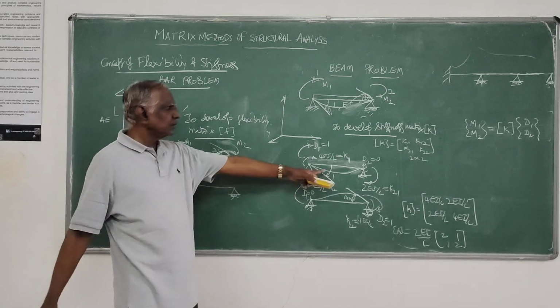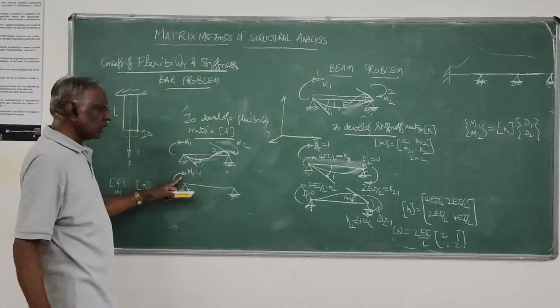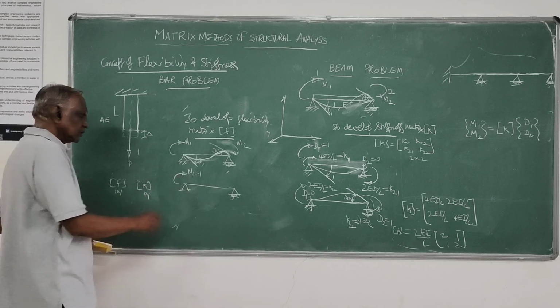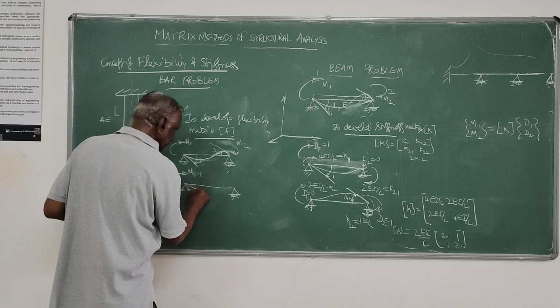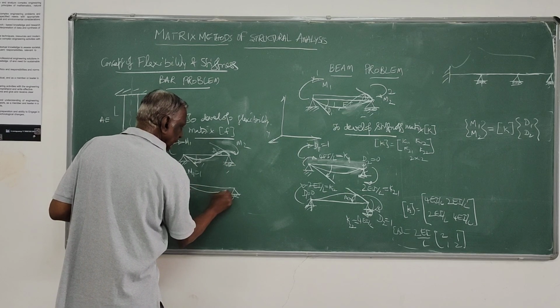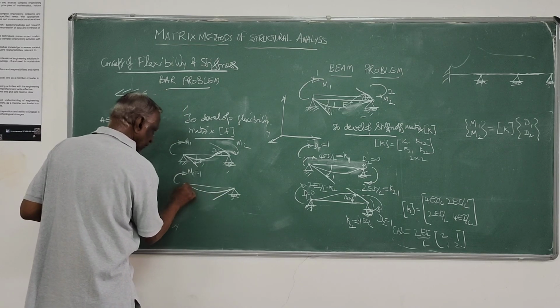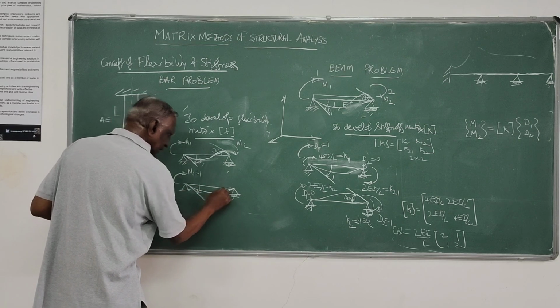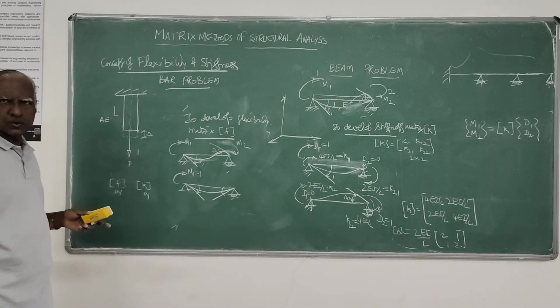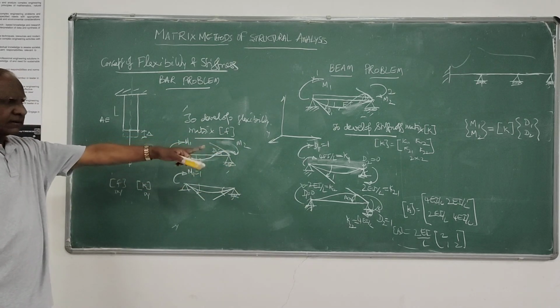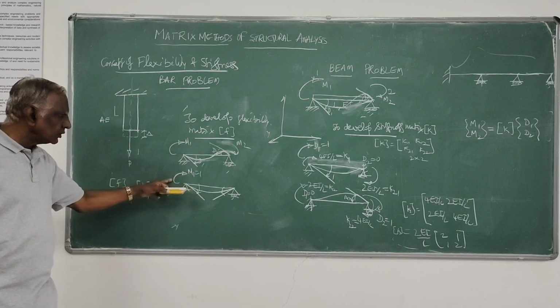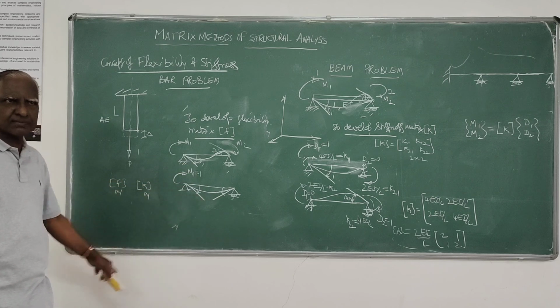Here I applied unit displacement, now I will apply unit force. Because of this unit force I applied, it will deform like that. So I will find out what all the displacement produced. Then, instead of unit displacement, apply unit force here and find the displacement.